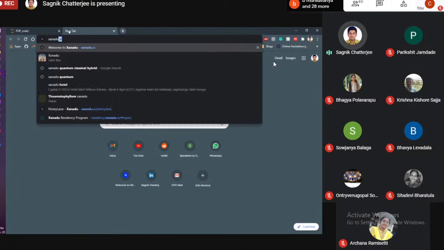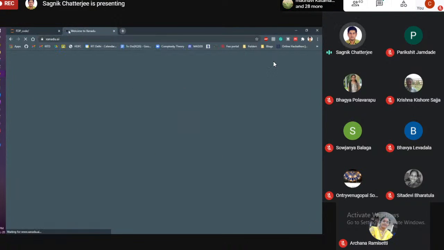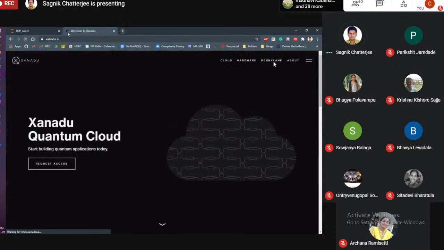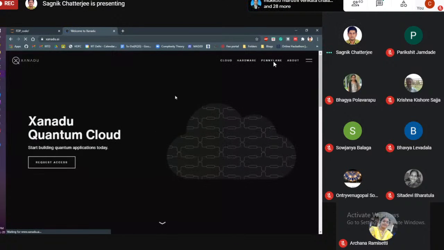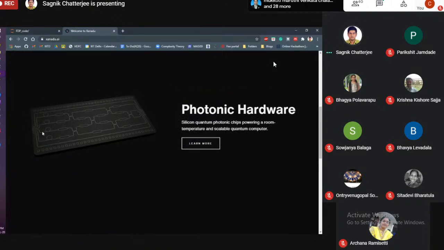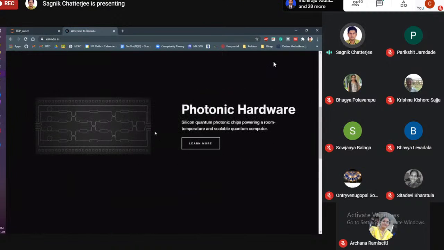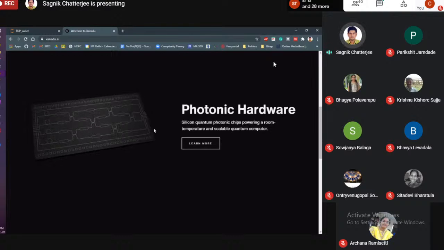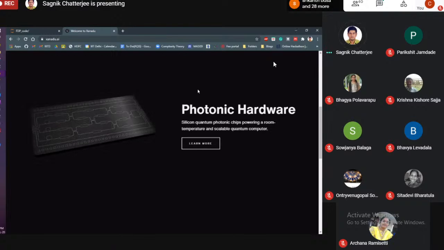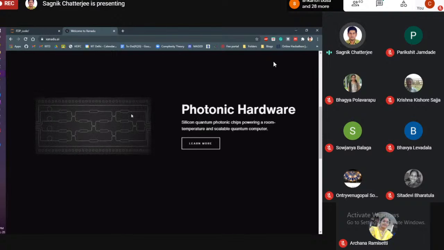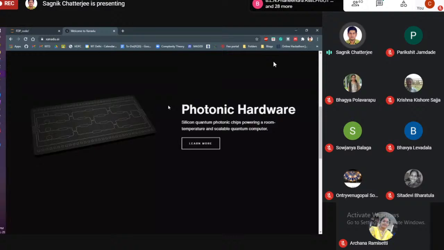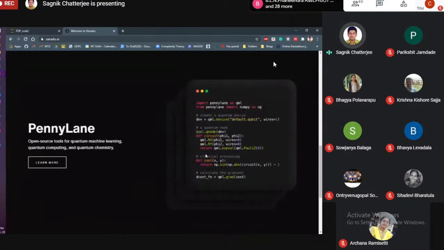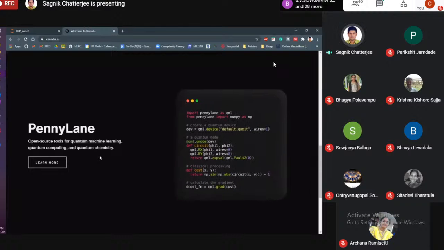Xanadu.ai is a company which specializes in quantum machine learning, and they have different architectures. Among the possible architectures, IBM's Qiskit and Google's Cirq use superconducting circuits like Josephson circuits. Xanadu uses photonic hardware for its Strawberry Fields platform. Similarly, you have PennyLane, an open source library for quantum machine learning, computing, and quantum chemistry.